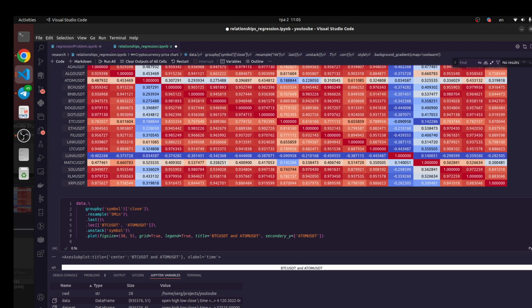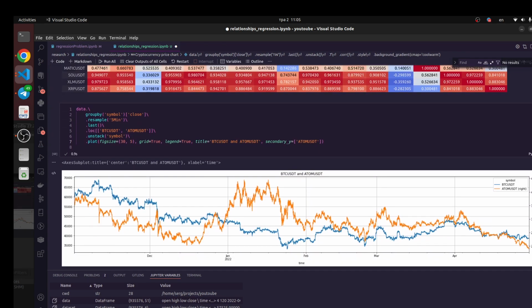I'm going to show you. Okay, and you see this is very interesting information for us to understand how we could use it. We could add this data into machine learning. Also, we could create some new strategy like pair trading.